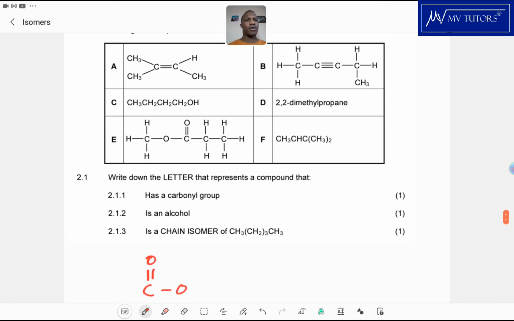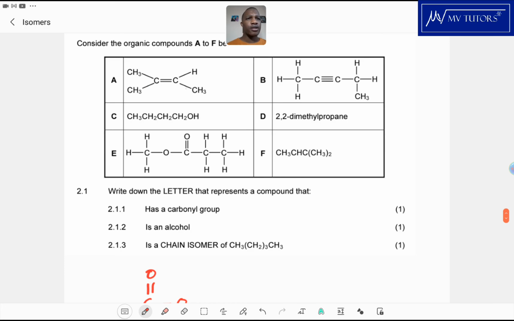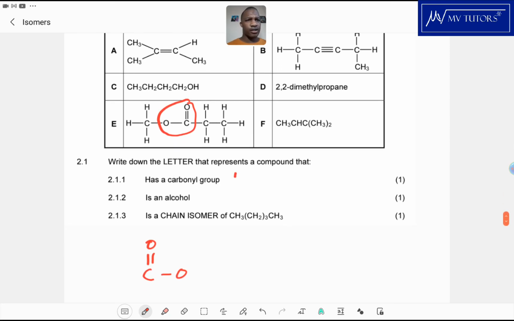All right, so we're looking for a C=O. A, C=O is not there. B, C=O is not there. C, C=O is not there. D, C=O is not there because it's an alkane. E, C=O is right there. There it is. Found it. So our answer here is E.